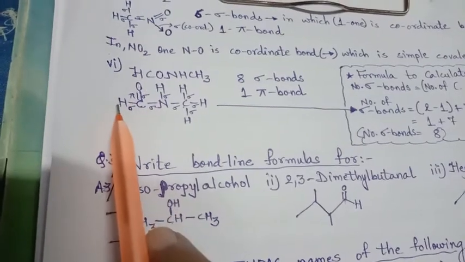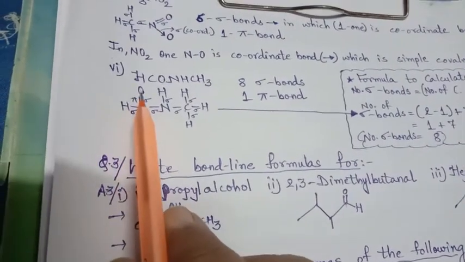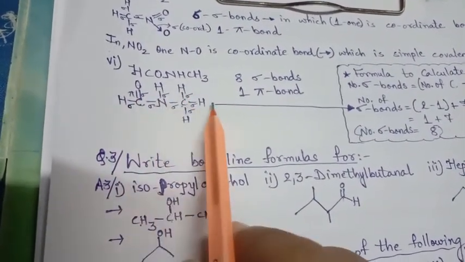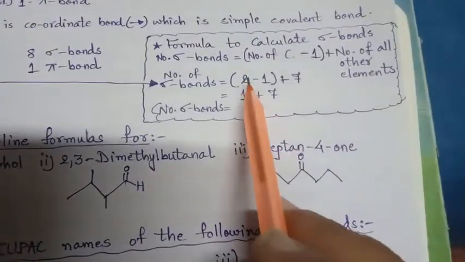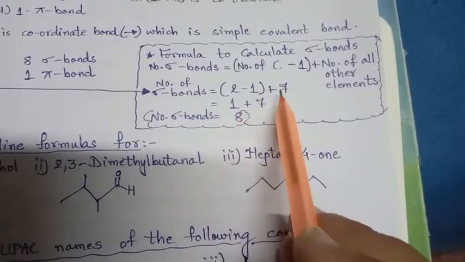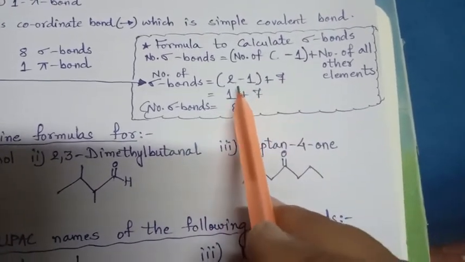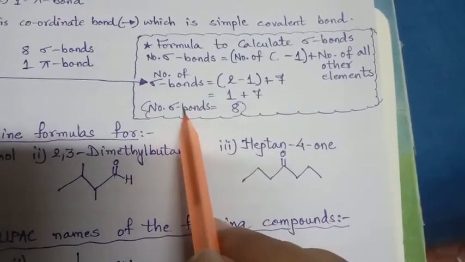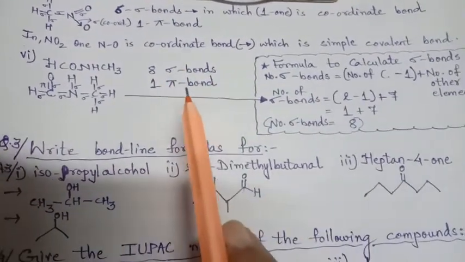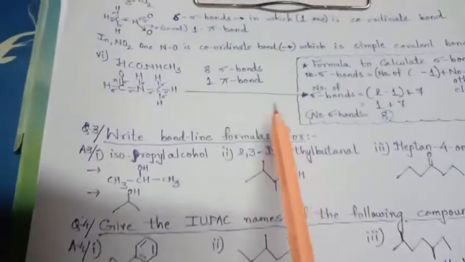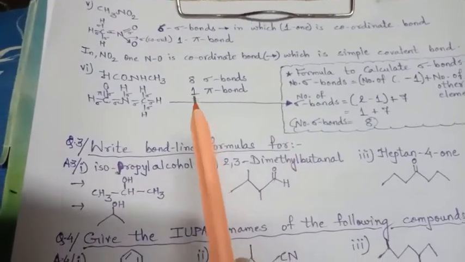Now how many elements are there other than carbon? 1, 2, 3, 4, 5, 6, 7. So 2 carbon minus 1 is 1, plus all other elements 7, 7 plus 1 is 8. Number of sigma bonds is 8. So in this manner you can calculate the sigma bonds.